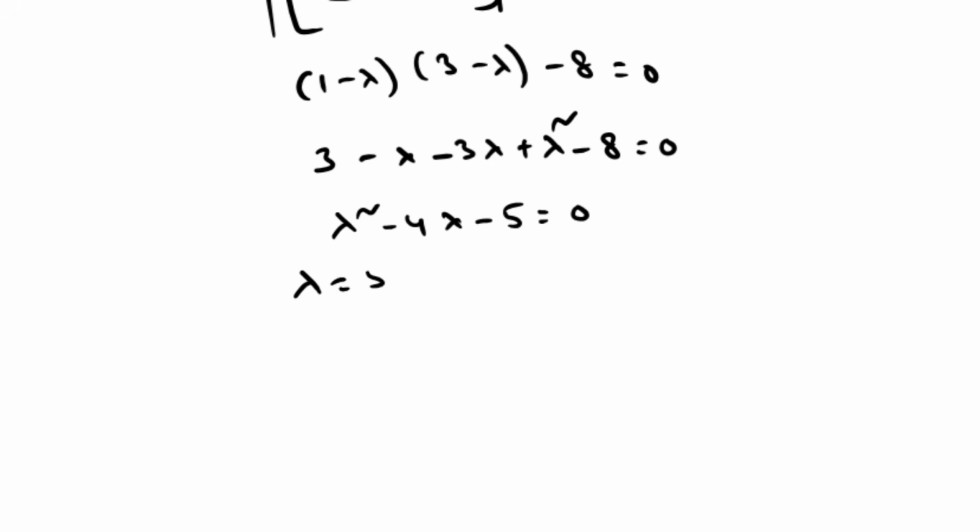Now the values of lambda are 5 and -1. Here, in the characteristic equation, we can substitute lambda equal to A. Therefore A squared minus 4A minus 5 is equal to 0.